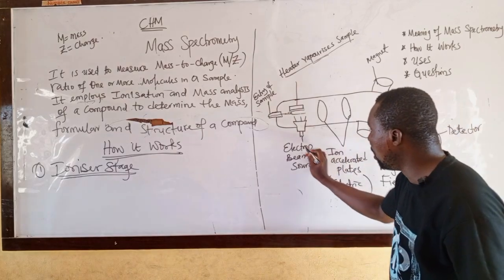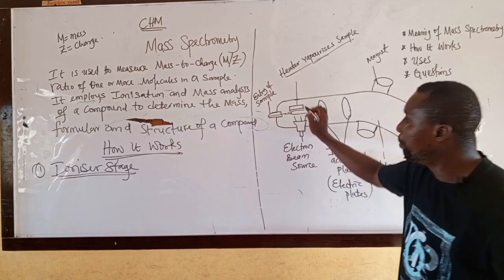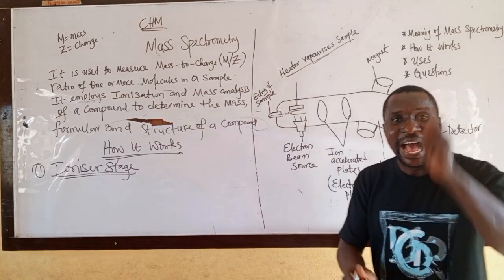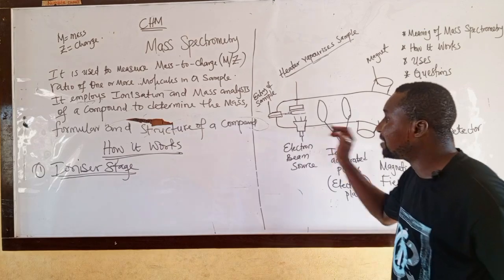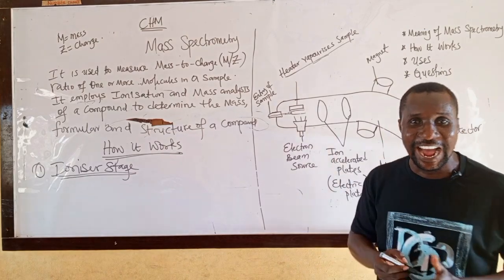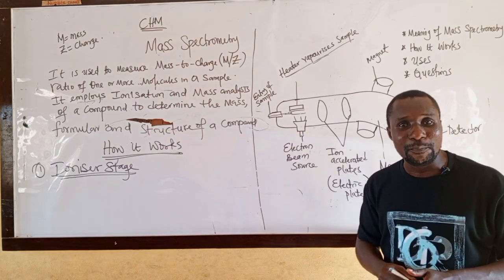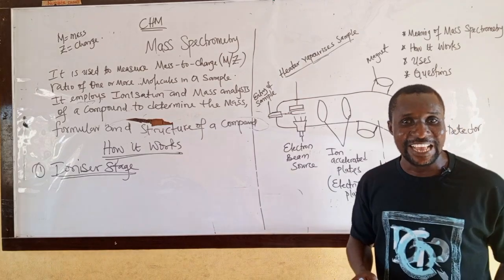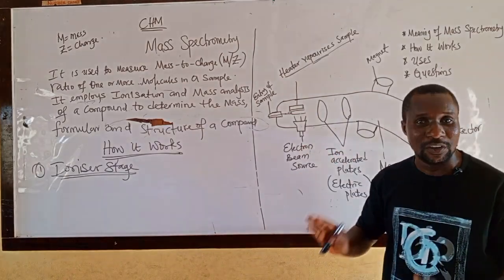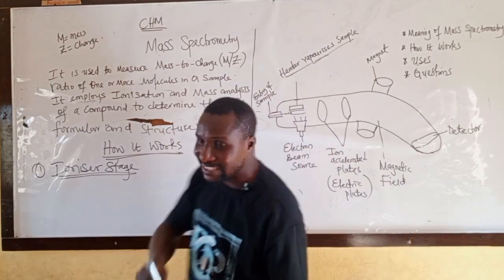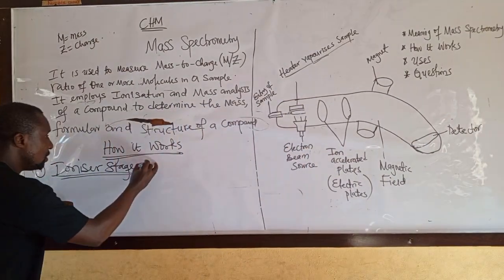The function of this electron beam is to bombard the sample with high energy electrons so that the sample can be ionized. Take note. That is the first stage, the ionizer stage. At the ionizer stage, what will happen?